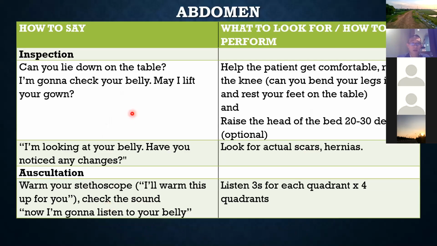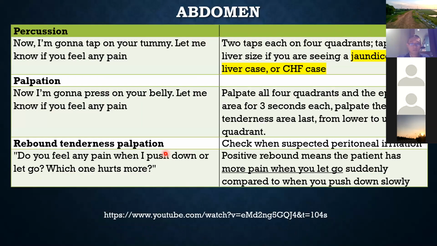The same thing with the abdomen. This is the way we can do it, and when we talk with the patient, we can use some template here. And this is the video that you can watch later about the abdominal examination.